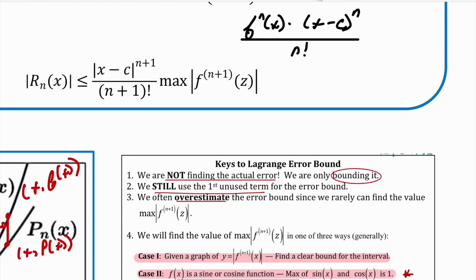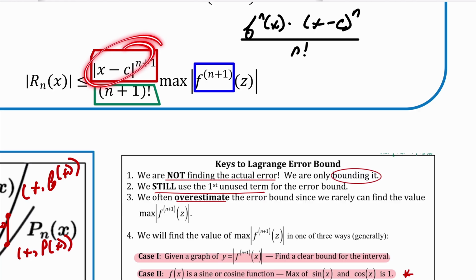Here is the n plus first derivative, which we're going to talk about in a second. Here is x minus c of the next term. And here is n plus 1 factorial, the denominator of that next term. So these two pieces remain the same, only you're going to the next term. This guy is being multiplied by it.